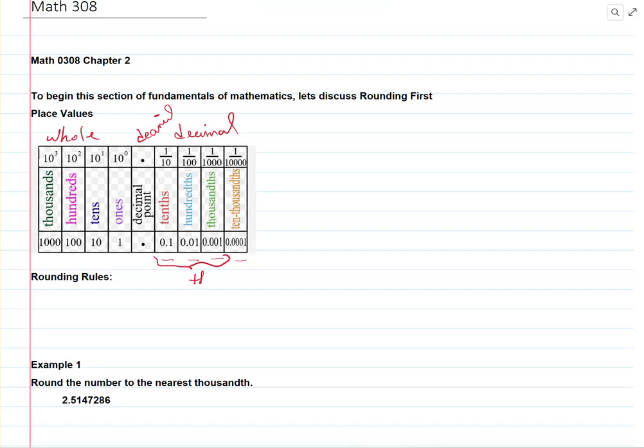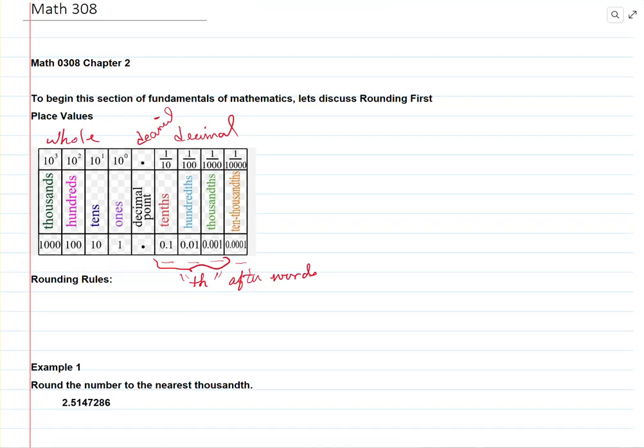we have a TH after the words of rounding. So we can see in this chart, let me draw this, that the TH is in the back of each one of the place values in reverse.